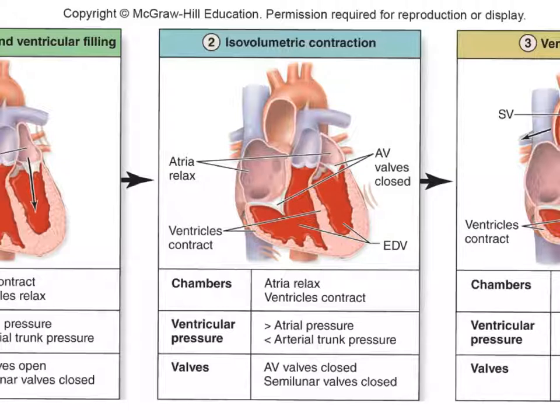It prevents backflow, yes. And the first heart sound is when the AV valves close. They snap closed with a harder snap because they're bigger in size, and the increased pressure forces them closed. So the ventricles contract in an isovolumetric contraction. The volume inside the ventricles is not going to change.